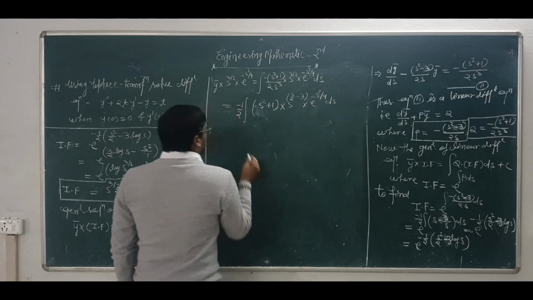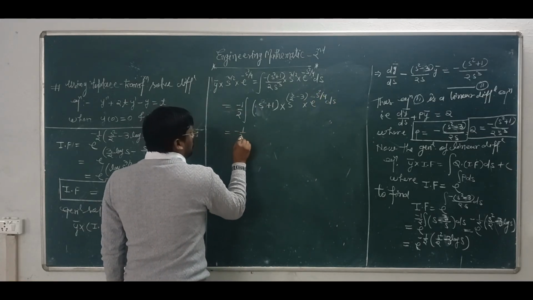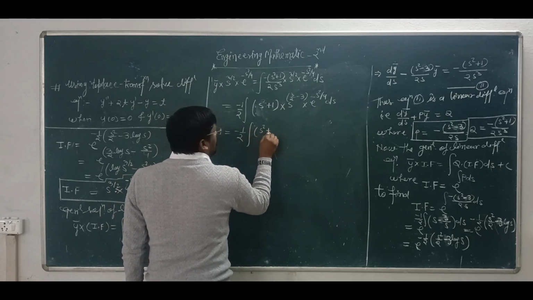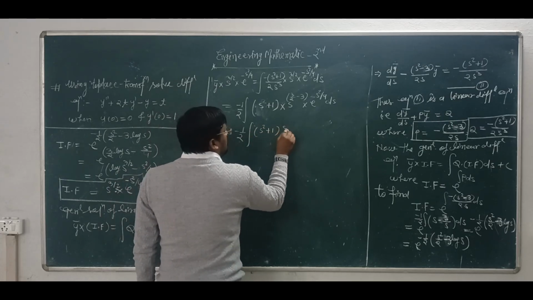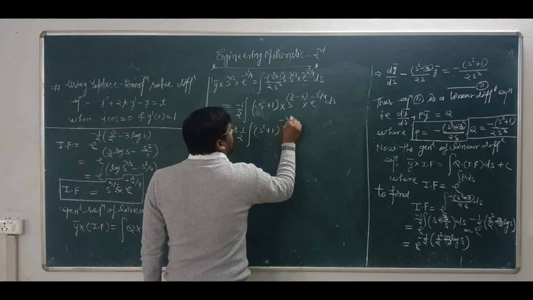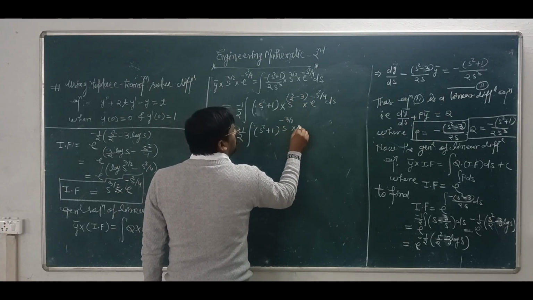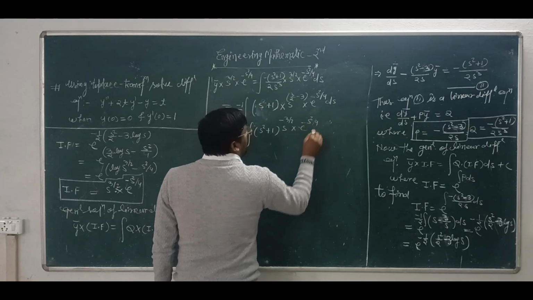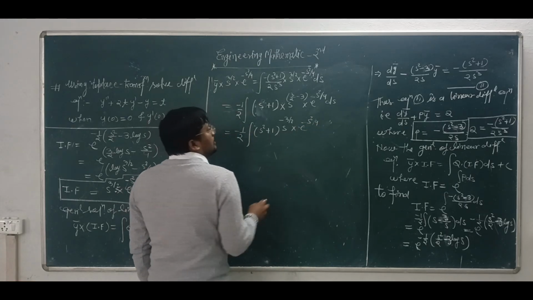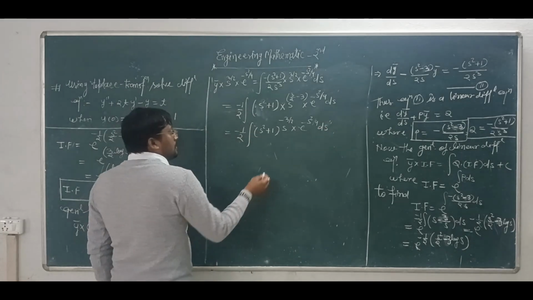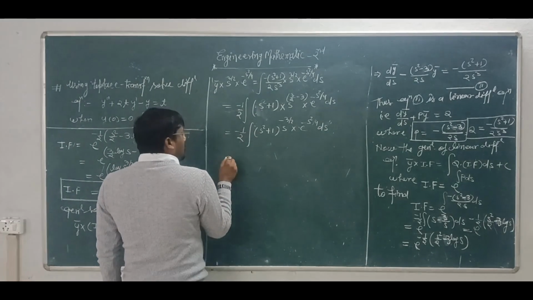s to the power 3 by 2 minus 3 into e to the power minus s square by 4 into ds. Now you can solve minus 1 by 2 integral of s square plus 1, s to the power minus 3 by 2 into e to the power minus s square by 4 into ds.